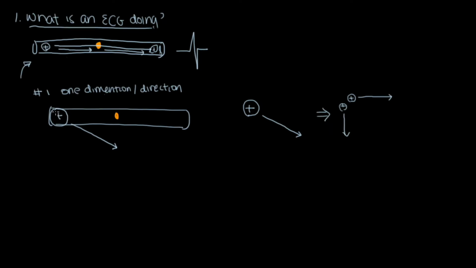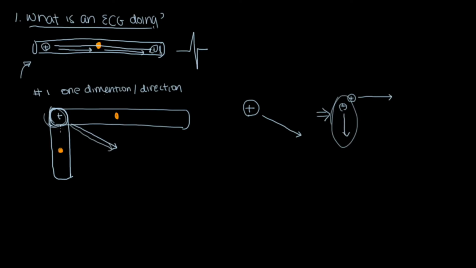Similarly, if you were to have a charge that's moving diagonally, not exactly along the axis of one of the tubes, if we were to have another tube going vertically and another sensor, then the vertical sensor will be able to capture the vertical component of this charge's movement as it's moving down.